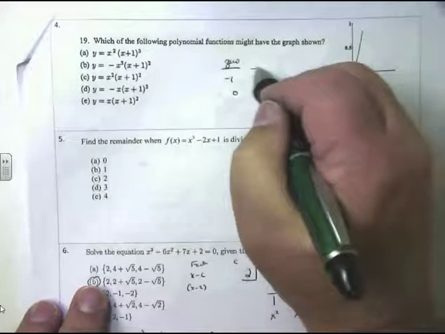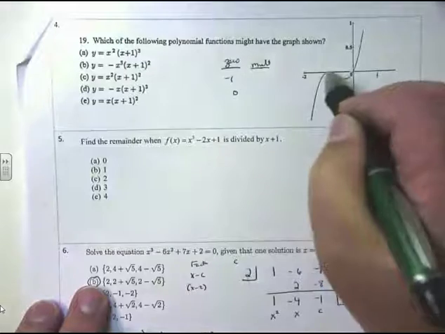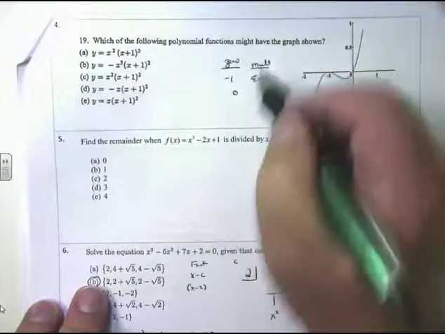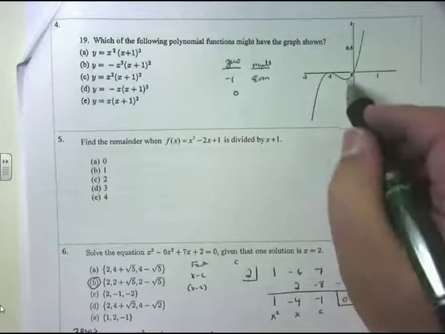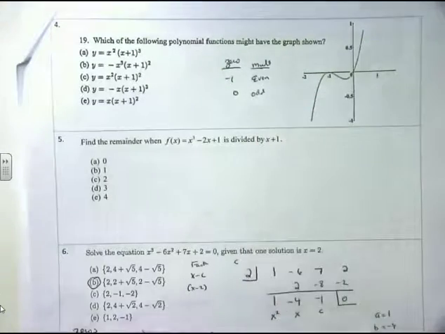In terms of the multiplicities, because I just touch at negative 1, that's got to be an even multiplicity, as something squared or something to the 4th power. And because I cut right through the 0, that's got to have an odd multiplicity.